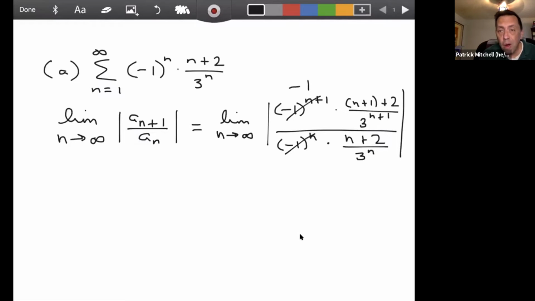And that negative 1 is inside absolute value, so we can actually ignore that. Okay. So now what I'm going to do is, instead of dividing by n plus 2 over 3 to the n, I'm going to multiply by the reciprocal. You're going to find yourself doing that a lot when you use the ratio test, because it's very common for the general term of a series to be a fraction.